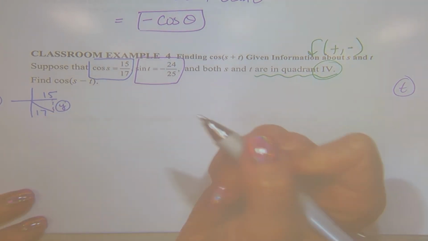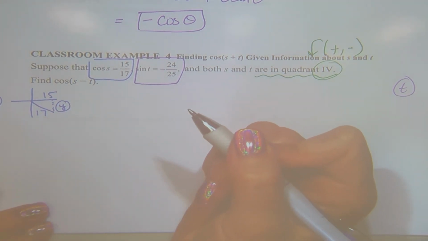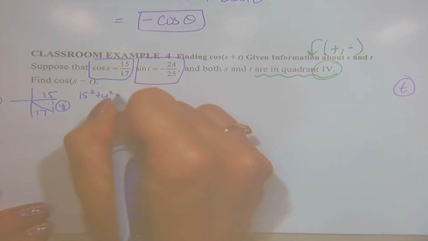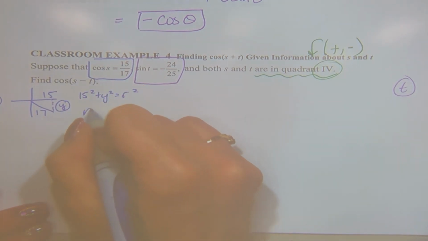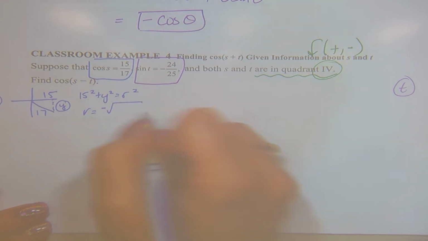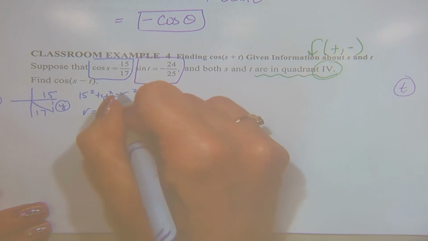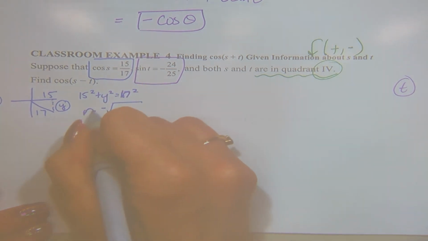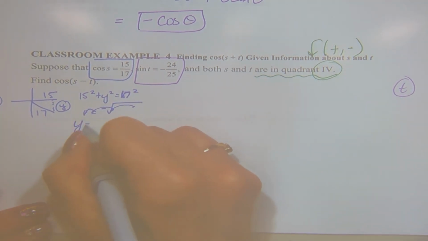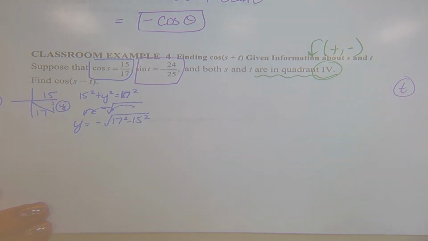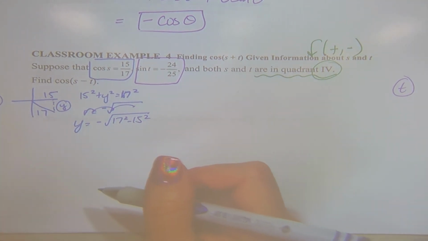Y is going to be negative because I'm in quadrant 4. So x squared plus y squared equals r squared. We know r is 17. Let's go again. Y is going to be the negative square root of 17 squared minus 15 squared. That's how I find y. We know it's negative because we know we're in quadrant 4.